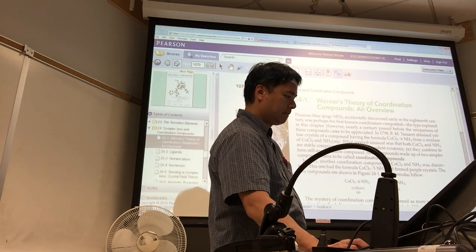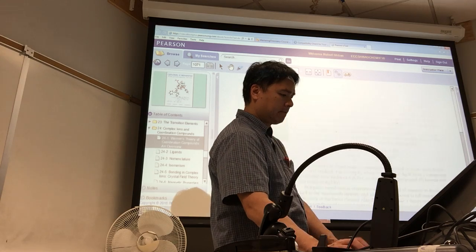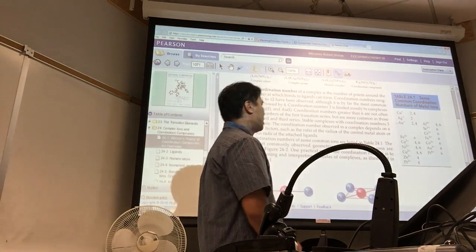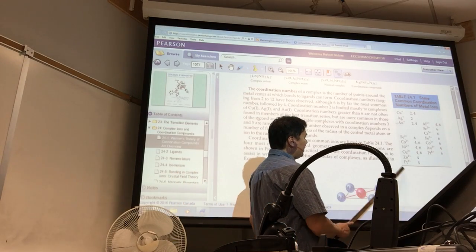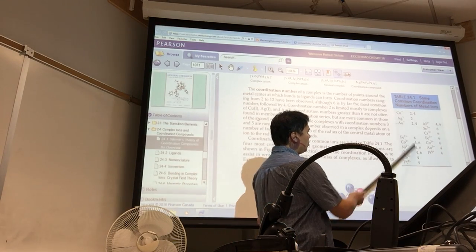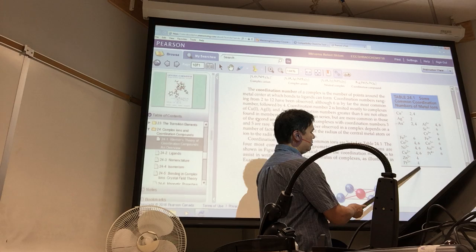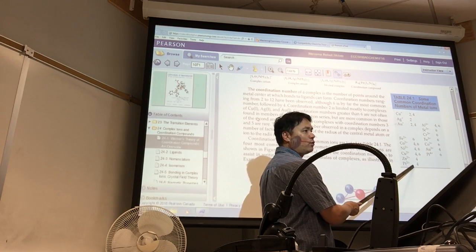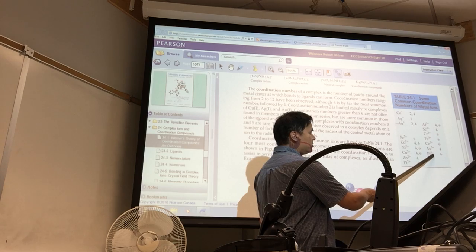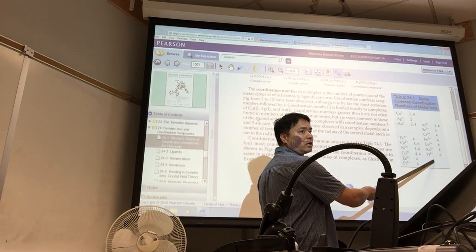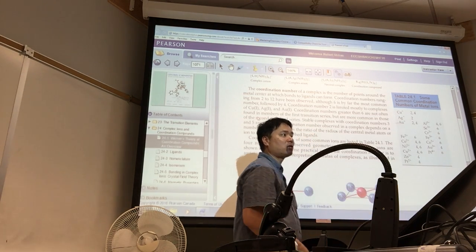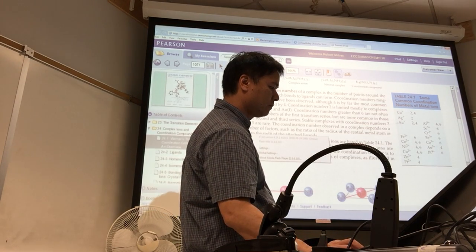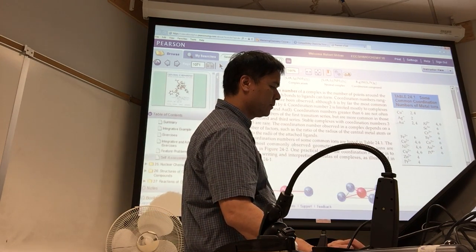Yeah, it's 24-1. Platinum 2 usually occurs as 4 coordinate, or 4 and 6. Platinum 4 usually occurs as 6 coordinate. And so I have it backwards. If I have it backwards, that's because you just have to remember the table.